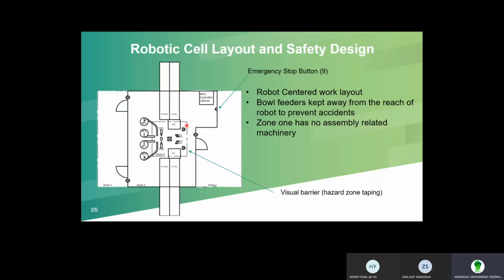These emergency button placements are rationalized so that when one personnel is working in close proximity to the robot arm, the emergency stop buttons are within reach of another personnel accompanying the person, to stop the robot from moving.